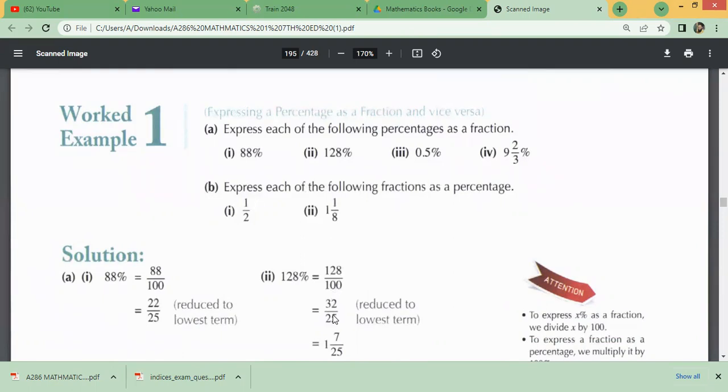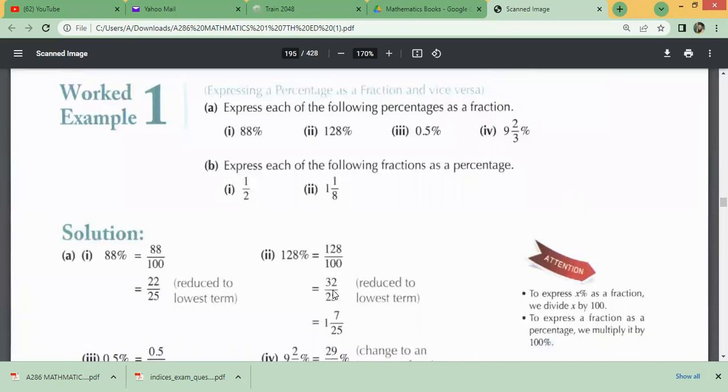Now, one more thing that we discussed is that whenever the numerator is bigger than the denominator, we have to simplify it further and write it as a mixed number. By mixed number, we mean one part is a whole number and the other part is a fraction, whatever is left over.